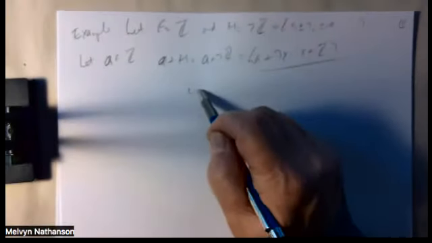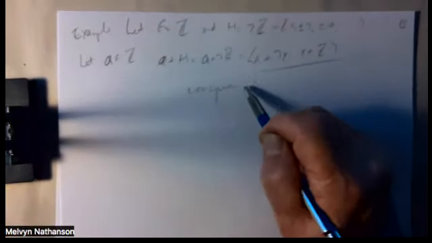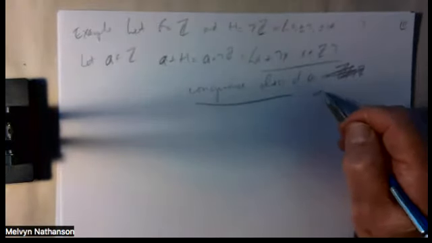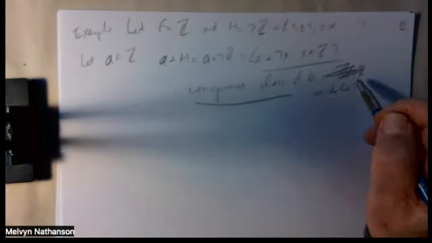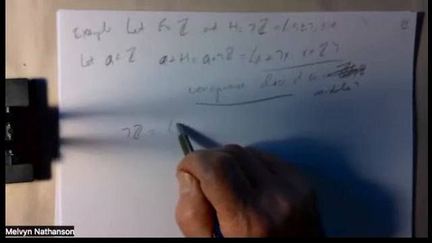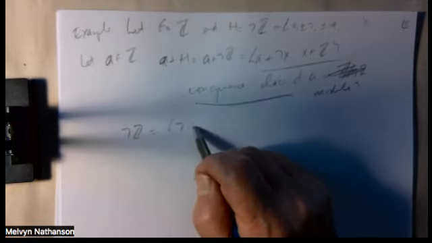What is this? This is the congruence class of a in Z mod 7Z. Right? This is the congruence class of a modulo 7. 7Z itself, this is all numbers of the form 7x.